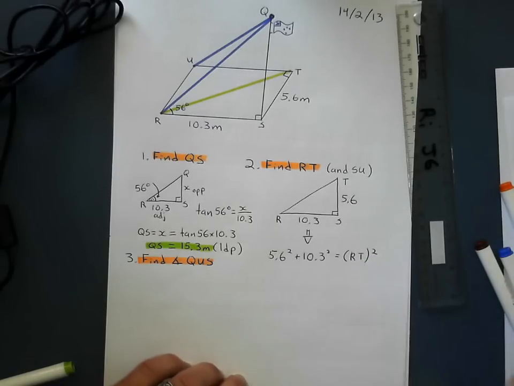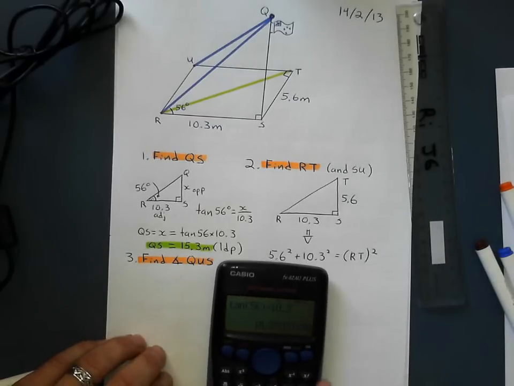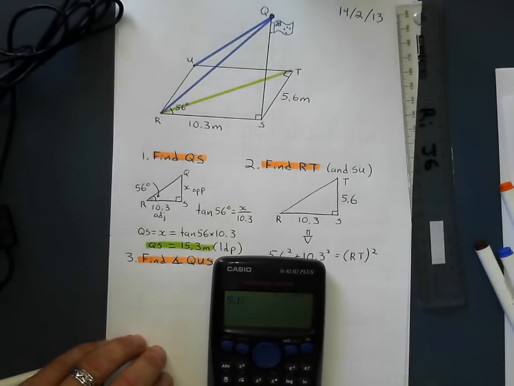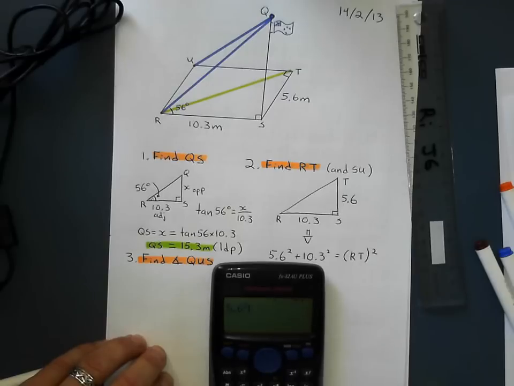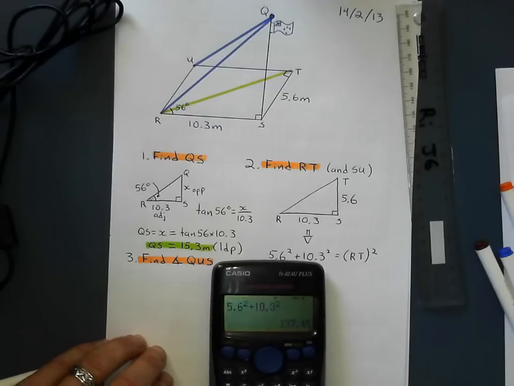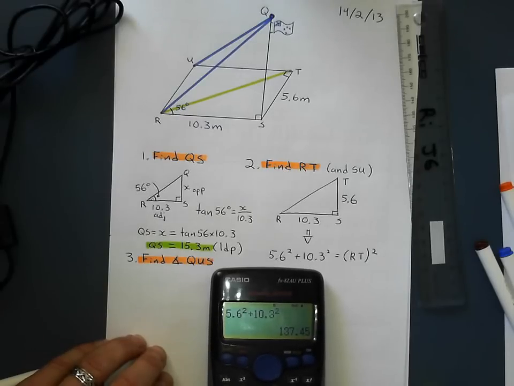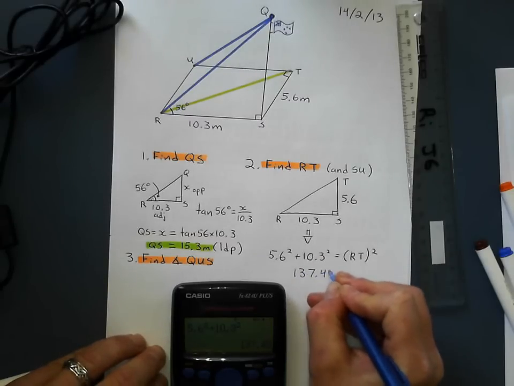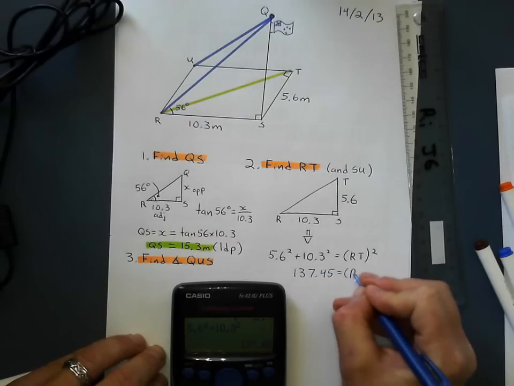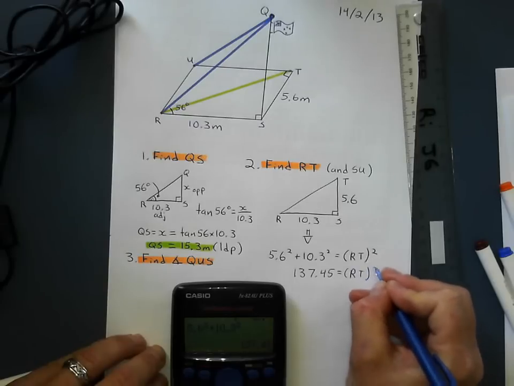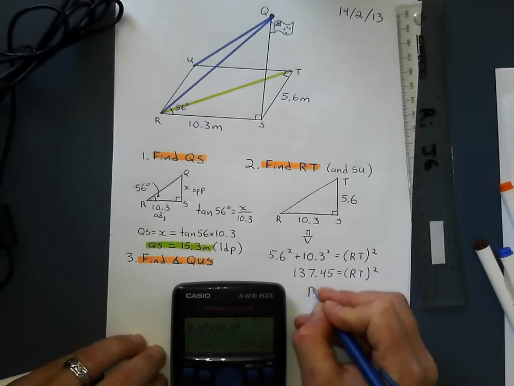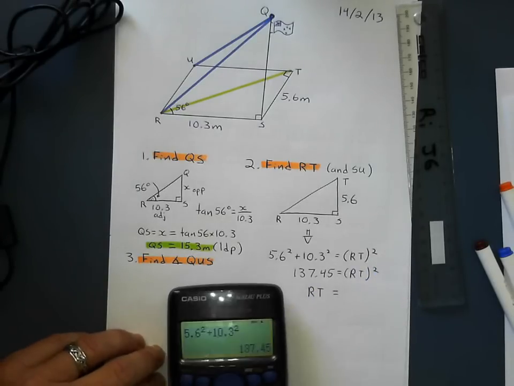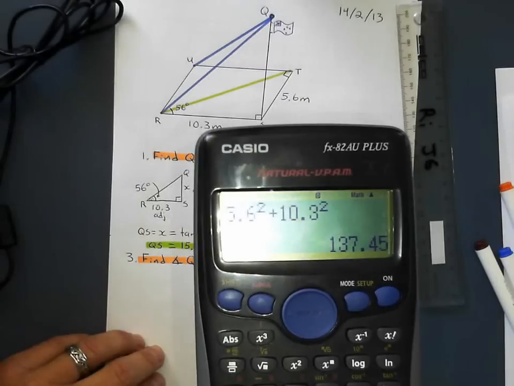So, $137.45. And we all know that the opposite of squaring something is square rooting.